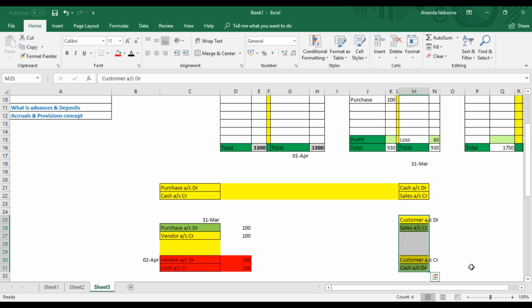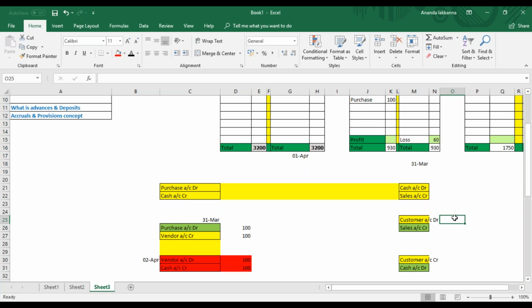If the customer gives you the 200 rupees, that's not a sales entry. Always remember, you get cash first, but you're not passing any benefit to him yet, so that entry is a different entry. When you do a sales entry, you book a cash entry. But in an advance, you get the money first, then you give the product. Generally, you give the product first, then you get the money.